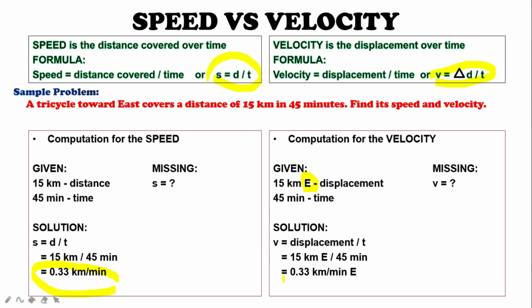So the velocity is 0.33 kilometer per minute to the east. Alright, so the difference between the two is the direction.